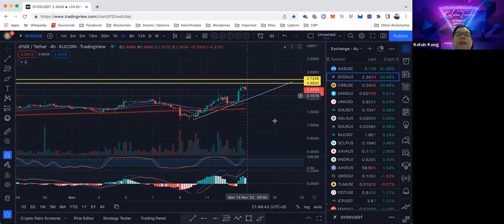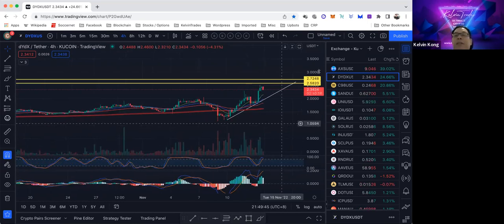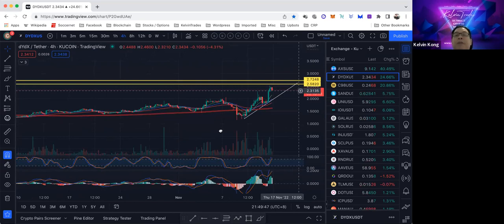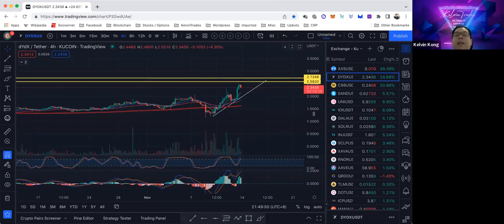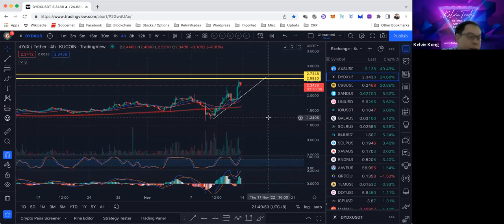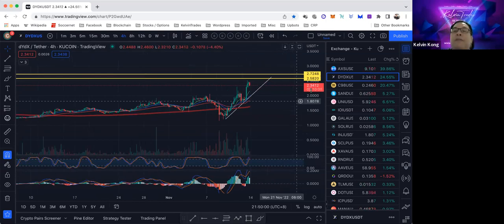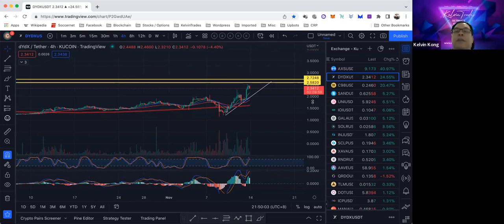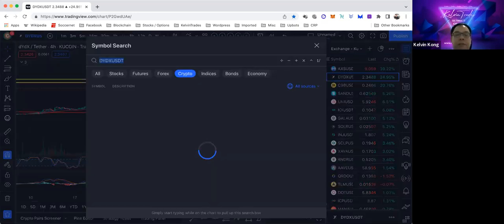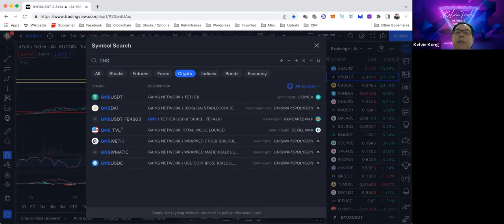Probably I'll long it. I mean, what Resh said is correct. Everybody going to decentralized exchange. Like what I just said, I explained to you guys really. Is decentralization good? All of you say good, right? It is good. So maybe we can look for some decentralized exchanges to long. Yeah, DYDX is one of them. Shoot. Don't know whether got GNS or not in Coolcoin. Oh yes, don't have it. GMT.